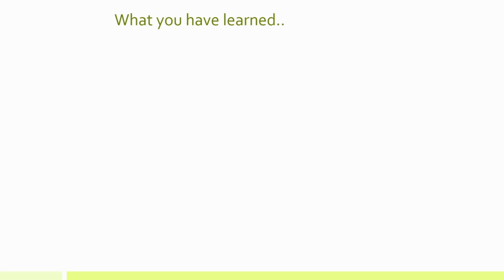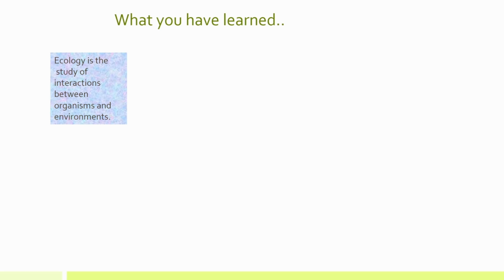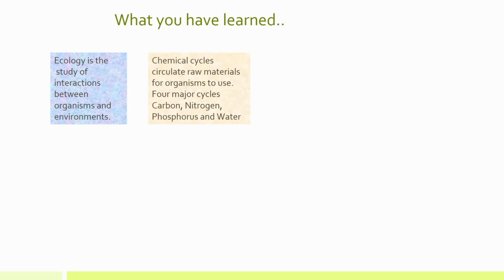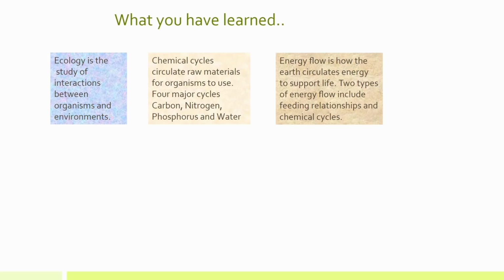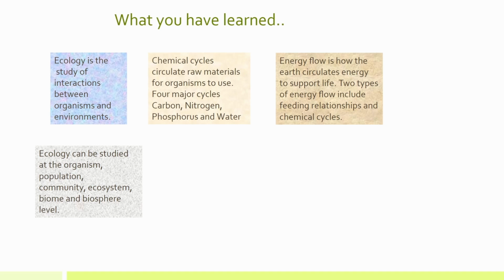So let's just review what you've learned before we go forward. Well, ecology is the study of interactions between organisms and environments. We looked at chemical cycles and how they circulate raw materials like water, carbon, nitrogen, and phosphorus. We looked at energy flow and trophic levels. We looked at how the earth circulates energy to support life, how it begins with sunlight. We looked at two types of energy flow: feeding relationships first, and then the chemical cycles.